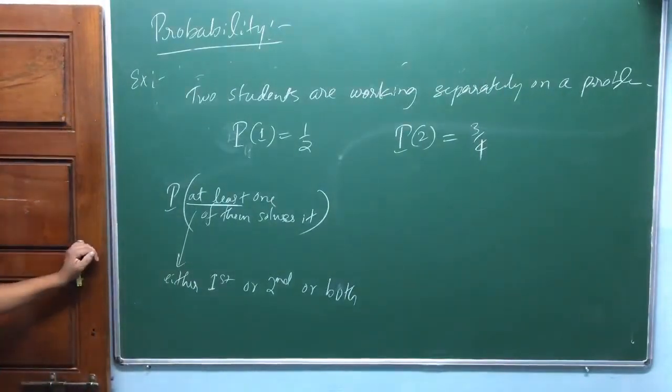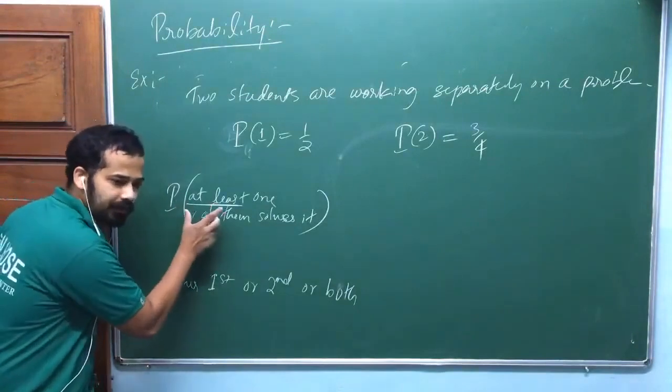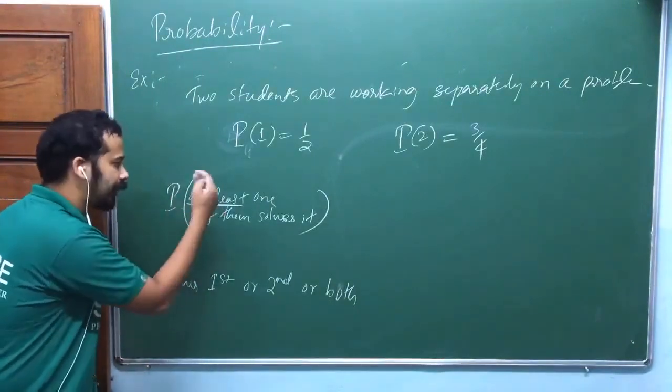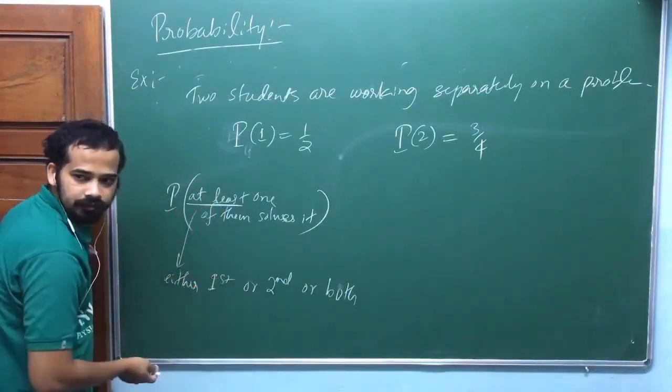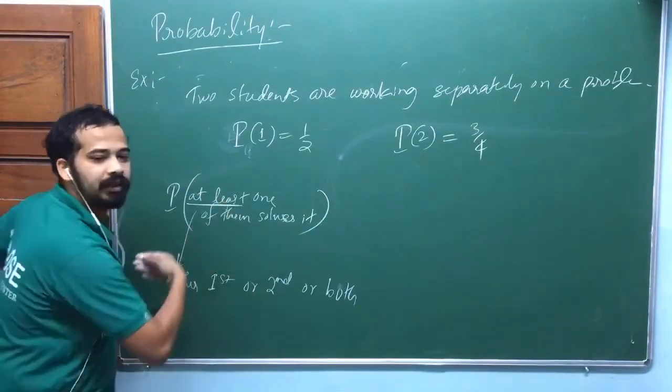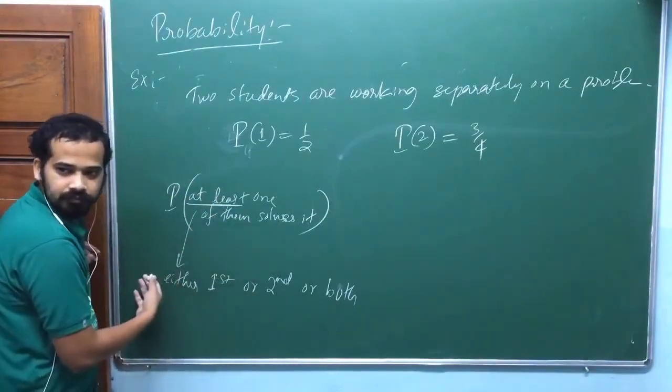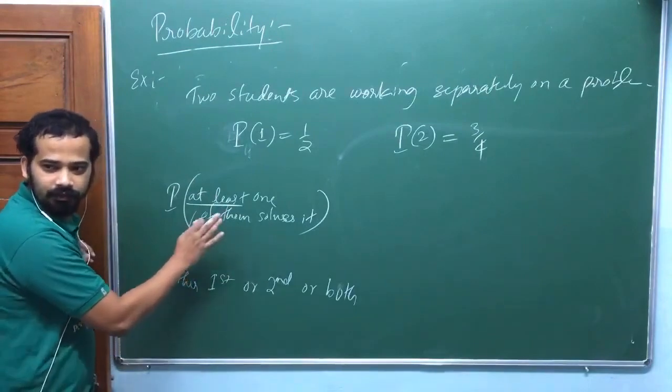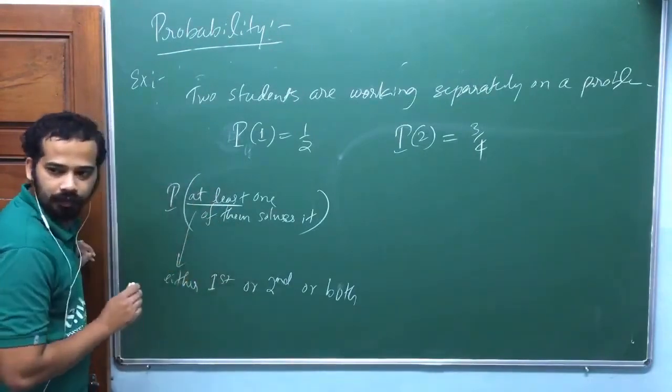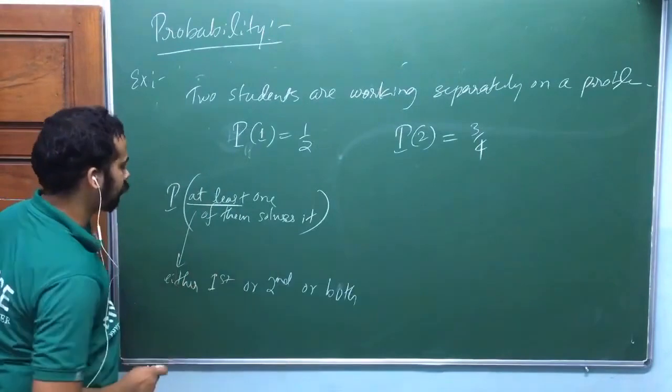At least one means either one or both, not less than one. Both of them should not fail. At least one of them should have solved the problem, isn't it? Either one or both of them.